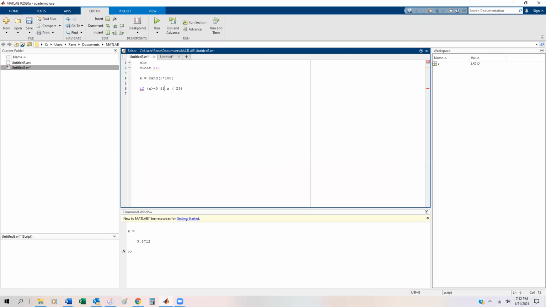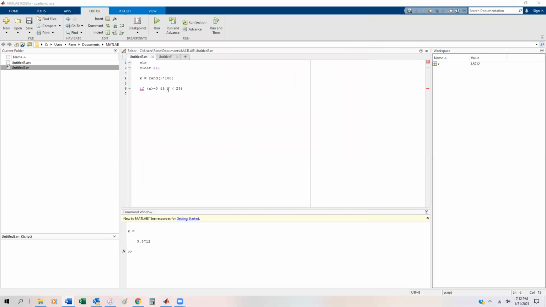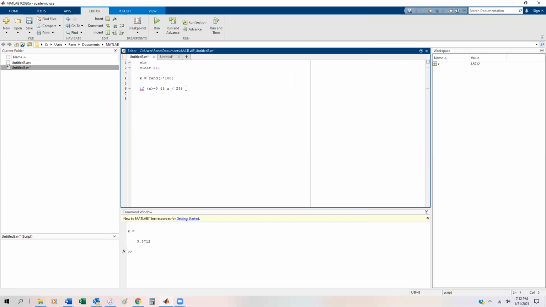All right, and again, we're looking at this statement right here. We're going to print low if the number is between 0 and 25, exclusive of 25. All right, so we should probably just use less than. Then we're going to fprintf low, and we'll backslash n, and that's that.